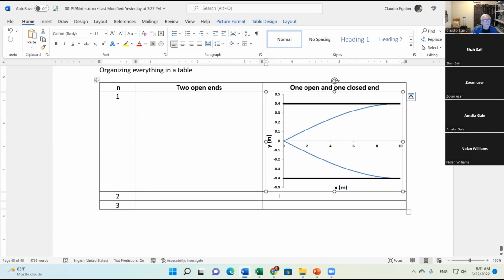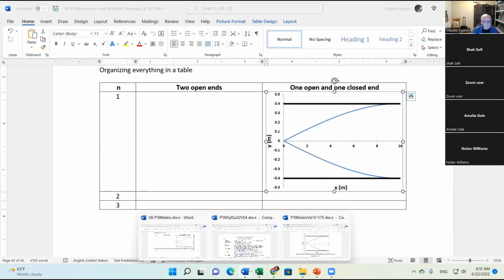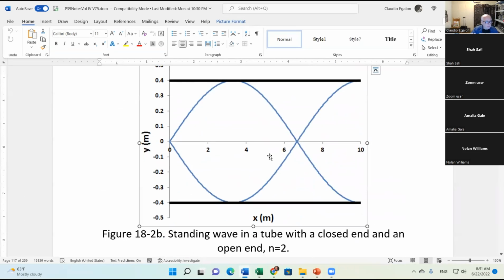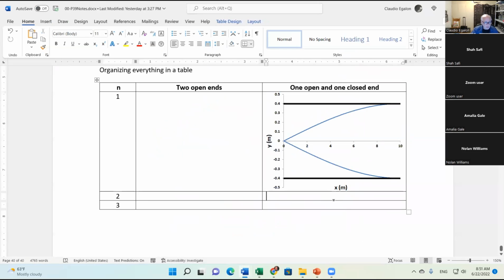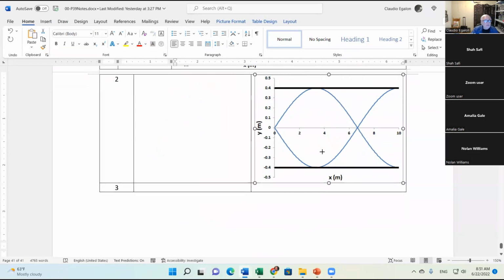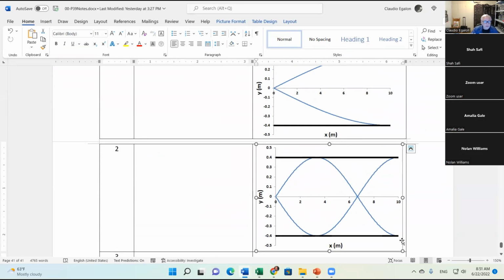Yeah, same size. So that's the most difficult part: coming up with this drawing. Once you have the drawing, it's easy to figure out the relationship.